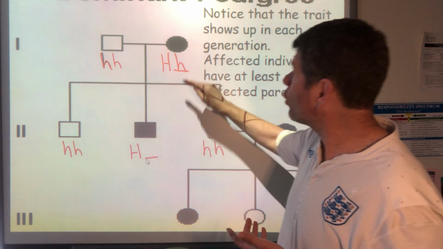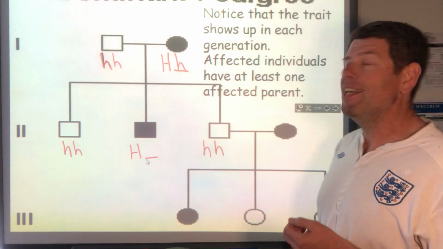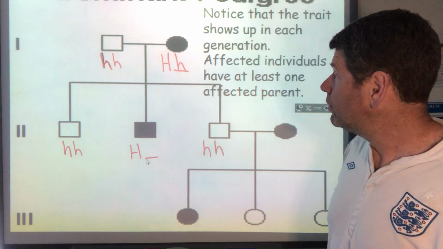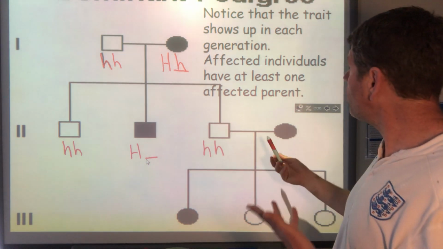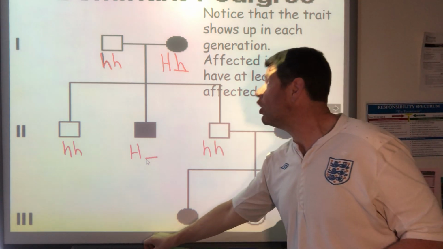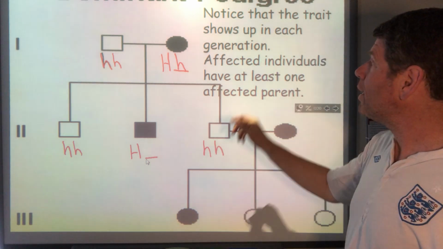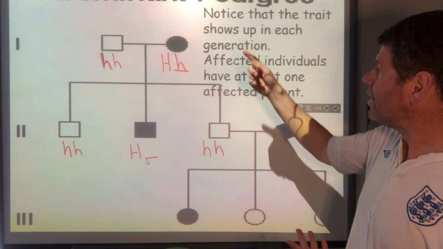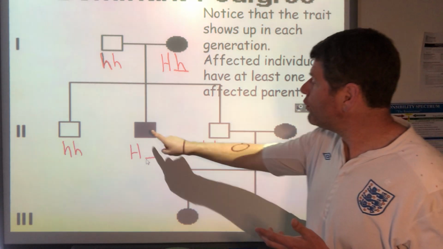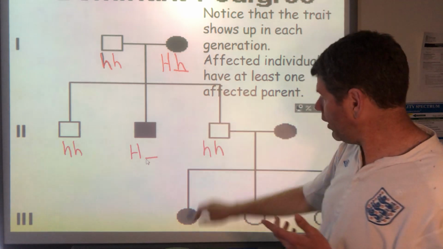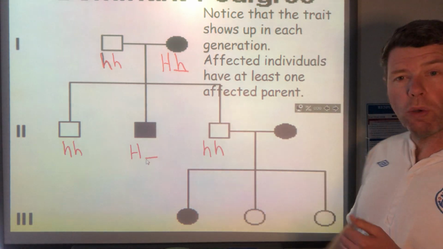So that confirms that that female is heterozygous, right? And she is affected by the dominant allele. And so that's typical of this kind of pedigree. A dominant pedigree is that we see that the trait is in every generation. It doesn't skip. And if we have an affected individual, at least one parent also has the trait.